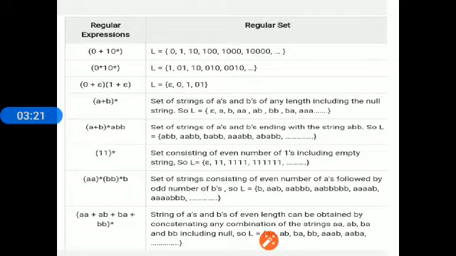Then the first 0 occurs once, giving 0 1. Then the first 0 occurs 0 times and the second 0 occurs once, so 1 0 is produced. Then 0 1 0, where both 0s occur once, then 0 0 1 0. This is how the different strings are generated.